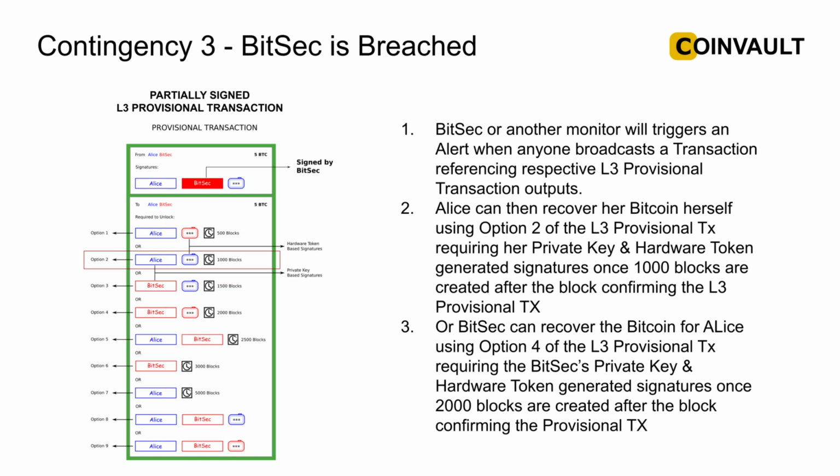Even in the unlikely scenario that Alice is unable to communicate with BitSec, she can still recover the funds all by herself, using option 2, and signatures generated using her private key and hardware token, once 1,000 blocks are created after the block confirming the respective L3 provisional transaction. All this ensures that no information breach can ever result in loss of funds from smart vaults. This also removes the incentive to breach any hybrid custody provider's security by adversaries in the first place.